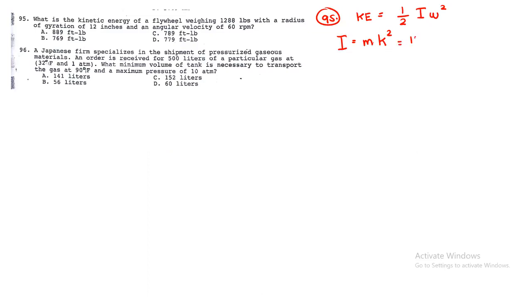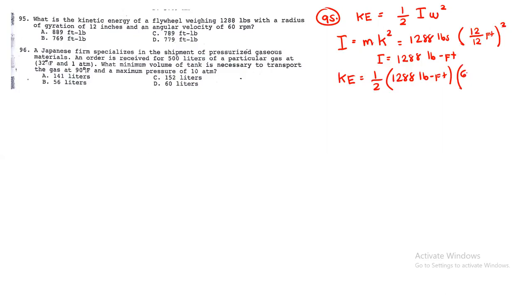So substitute natin 1,288 pounds times k, which is 12 inches divided by 12 para maging feet squared. So makuha natin yung I is equals to 1,288 pounds to foot. Then substitute natin sa ating formula ng kinetic energy. So 1/2, then 1,288 pounds to foot. Then W is 60 RPM. So i-convert natin 60 revolutions per minute times 2 pi rad.